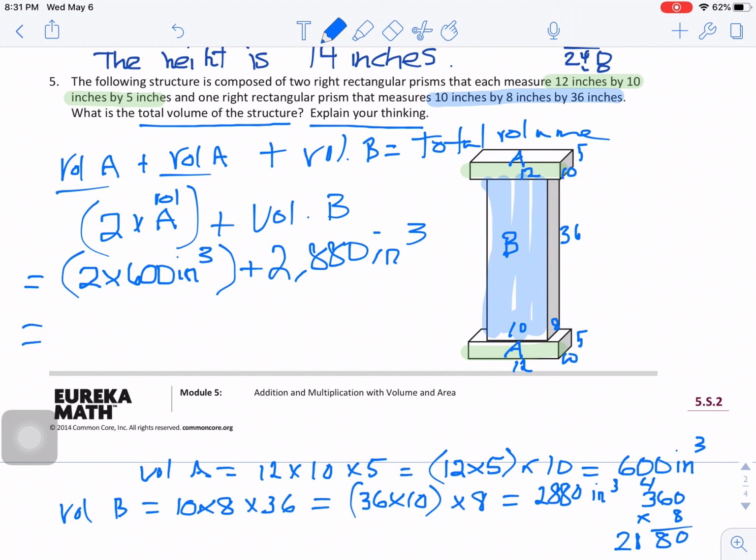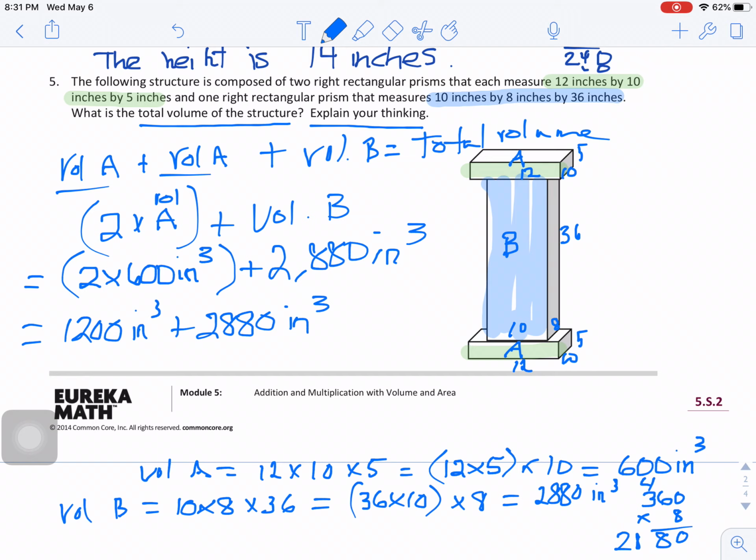Now we can do an easy mental calculation here. 2 times 6 is 12, so 2 times 600 would be 1,200 inches cubed, plus 2,880 inches cubed.